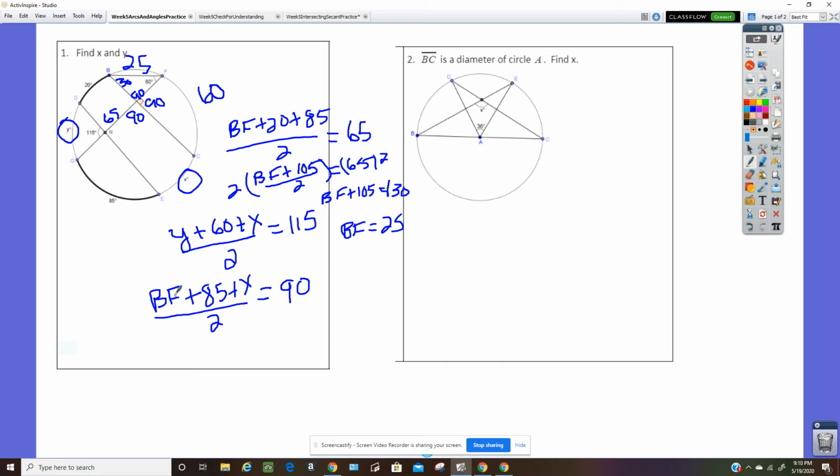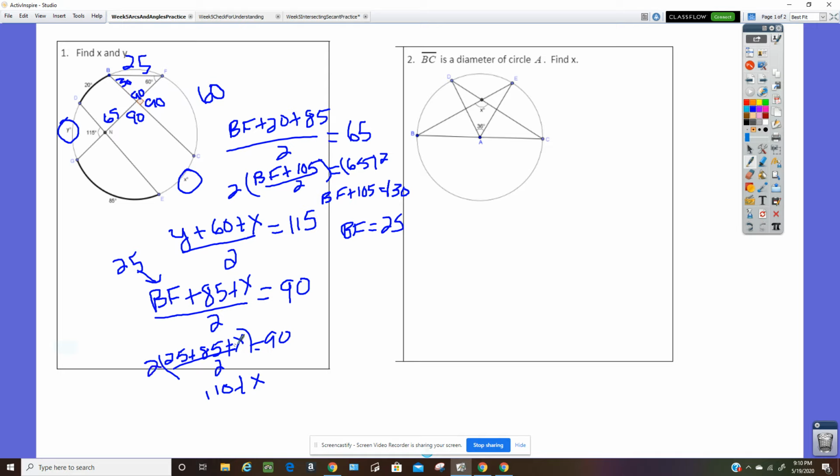So I can plug in, this is 25. So I have 25 plus 85 plus x over 2 is 90. I'd add these two together and get 110 plus x.